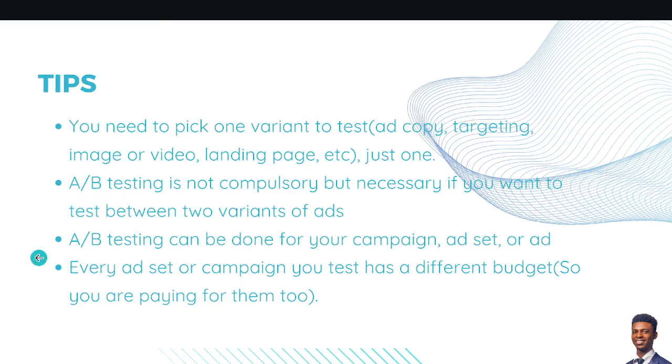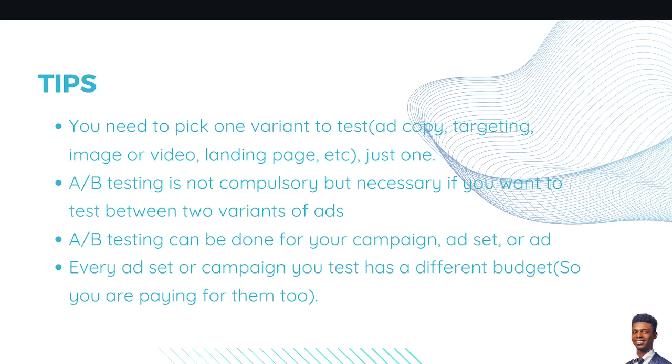Now, A/B testing is not compulsory, but it's necessary if you want to test between two variants of ads. A/B testing can be done for your campaign, ad set, or ad. Every ad set or campaign you test has a different budget. So if you are doing A/B testing for two different ads, with a 5,000 daily budget each, that's 10,000 naira.